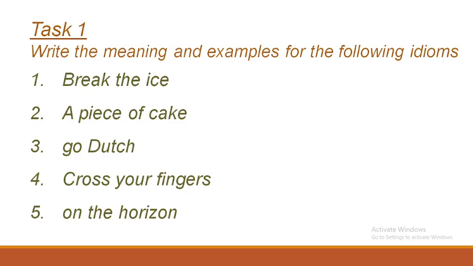Third, go Dutch. Fourth, cross your fingers. Fifth one, on the horizon. Just write down the meaning and examples, then go back to the previous slides, find where the idiom is, look at the meaning and the examples, and then do self assessment.